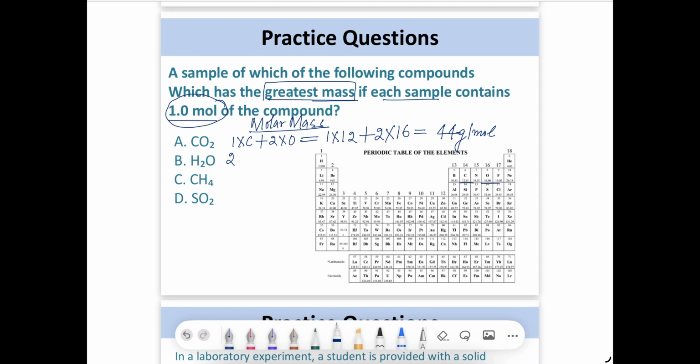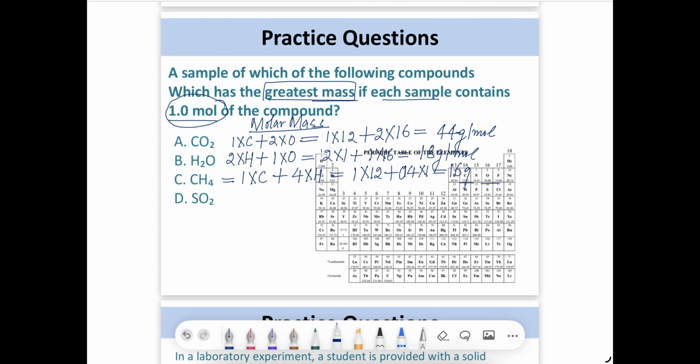Similarly, 2 times hydrogen plus 1 times oxygen. So 2 times 1 plus 1 times 16. So it comes out to be 18 grams per mole. Similarly, for carbon, 1 times carbon plus 4 times hydrogen, 1 times 12 plus 4 times 1, so it's 4 actually.